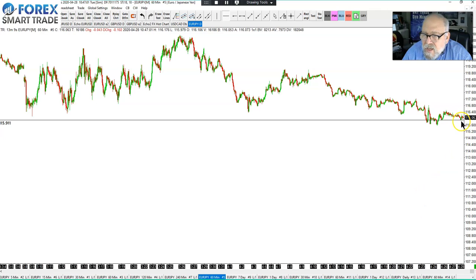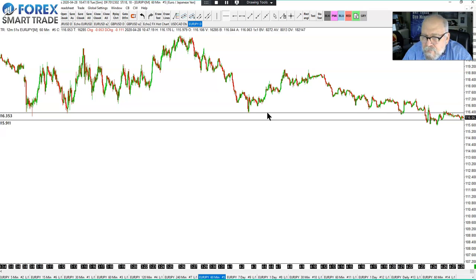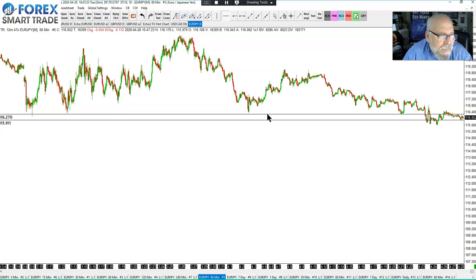So here, came down to here, stopped here, kind of bumped a little bit here and a little bit here. On a 60-minute chart, these lines tend to be about 30 pips apart. You see I'm stopping right in here, bouncing a little bit in here, bouncing in here.